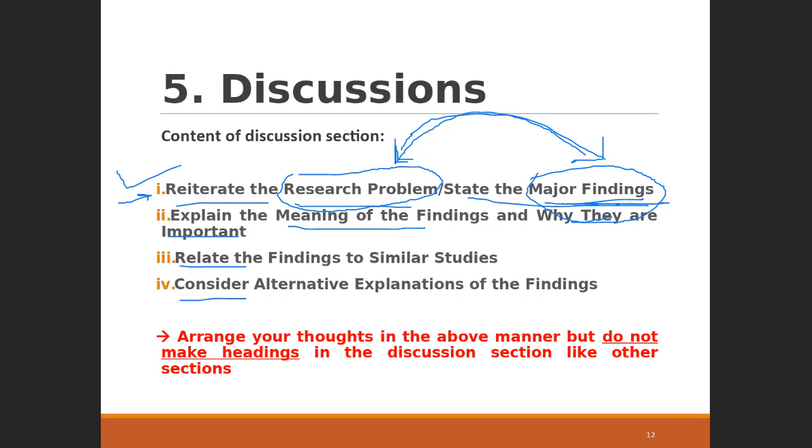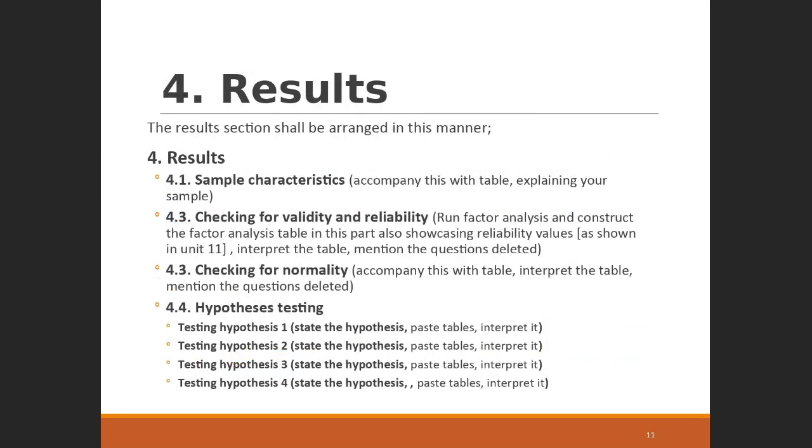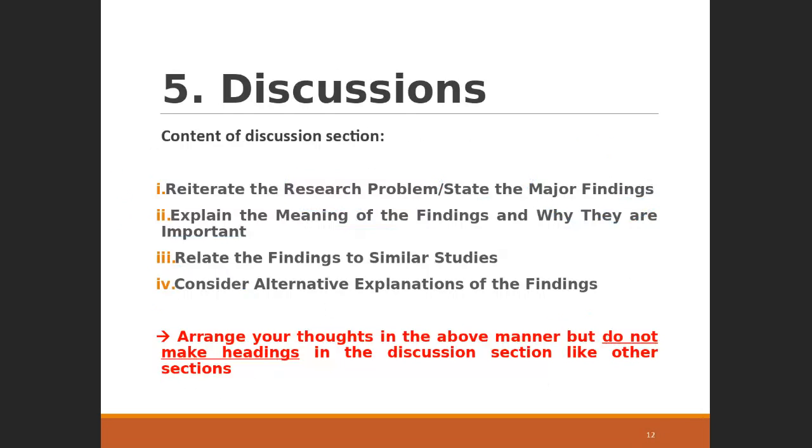So instead of justifying your results in the hypothesis testing part, where you will interpret your tables, this is the part where you will justify your results, that why males have a lower tendency to consume luxury products as compared to females. Whatever your test results are, whatever your hypotheses are, this is the part where you will try to justify your results.